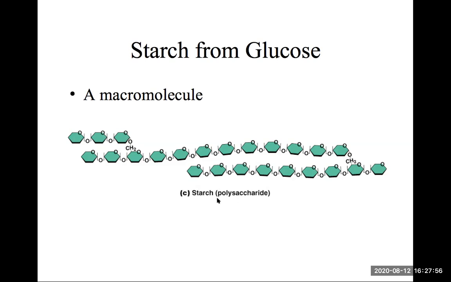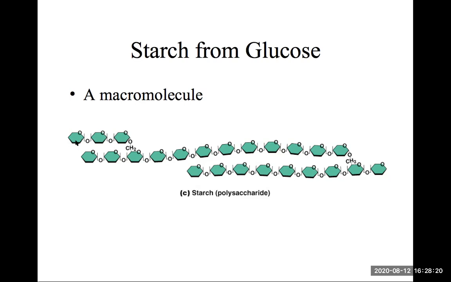This is starch, and starch is the primary energy storage macromolecule for plants. So carrots, potatoes, okay, loaded up with starch. This is one of the reasons we love potatoes so much, is potatoes are filled with starch, and starch is just a whole bunch of sugars stuck together.